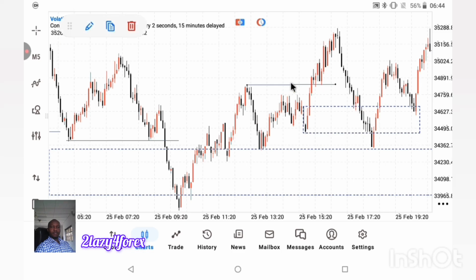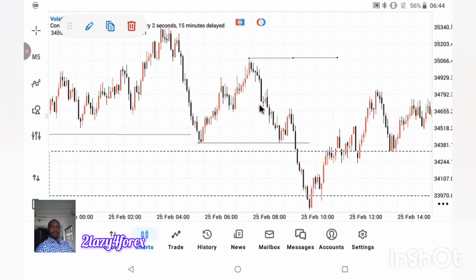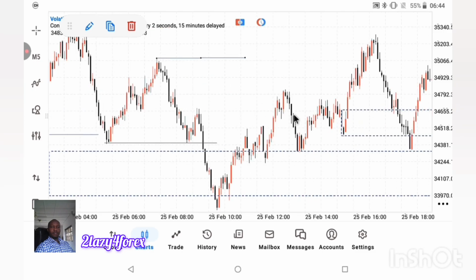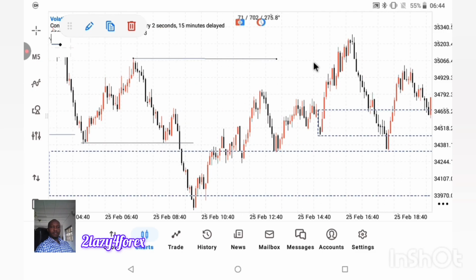They simply just believe in this form of triangle. I can't really call it a triangle, but they believe this part has to be lower than this part. They are right. I'm right as well. The aim is just to make money.